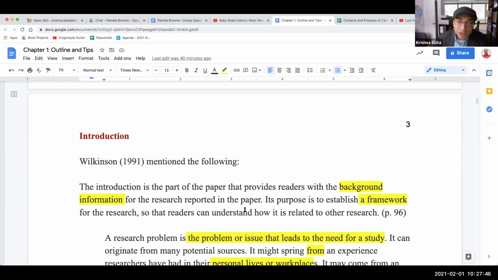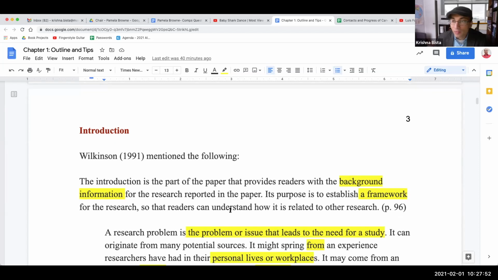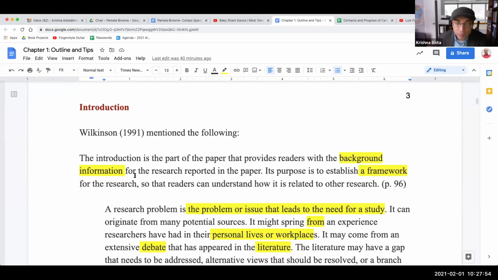So this should be an opening that is something more inspiring, interesting. In fact, you are putting some background information around the topic. You are giving them a sort of framework for why you are writing this and what readers will understand out of your work. So it's more of a glimpse of your work.